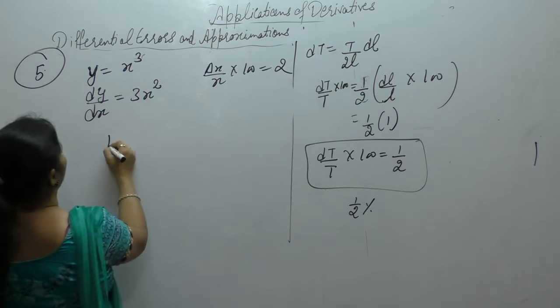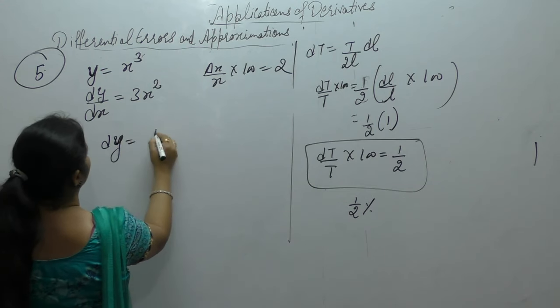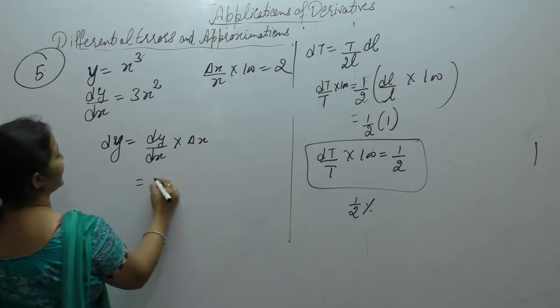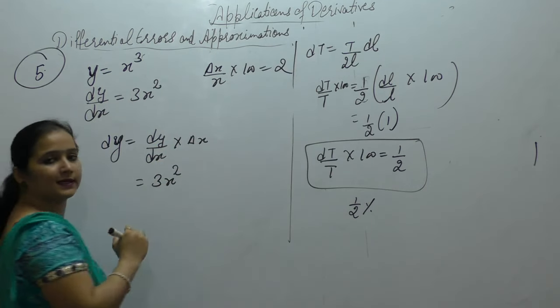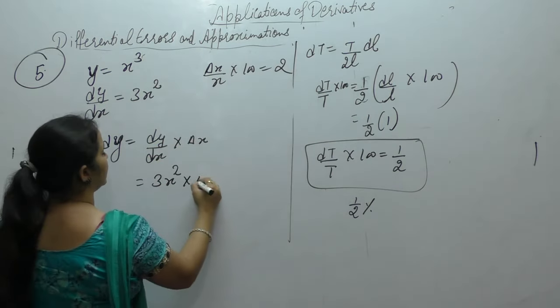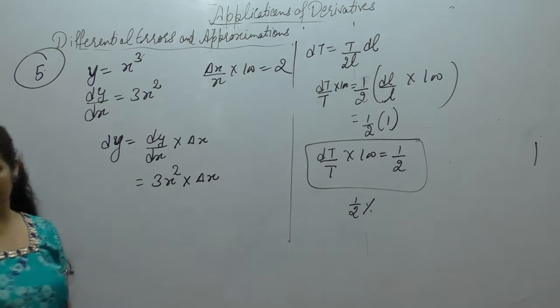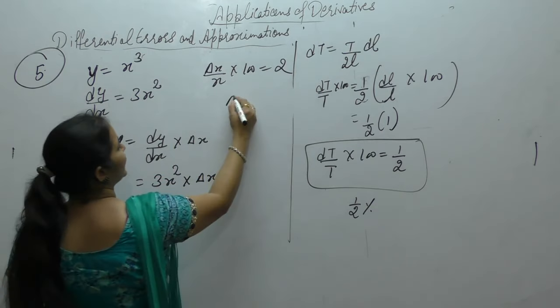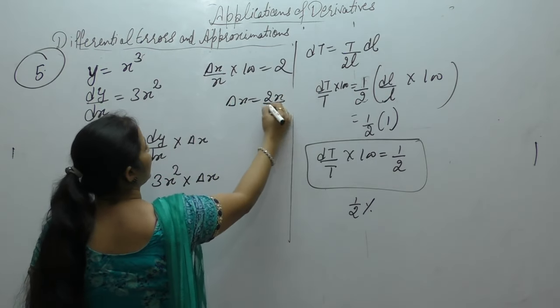Now how will we write dV or dy? dy is dy upon dx into delta x. dy upon dx is 3x square, into delta x. Now what is the value of delta x? It is 2x upon 100.